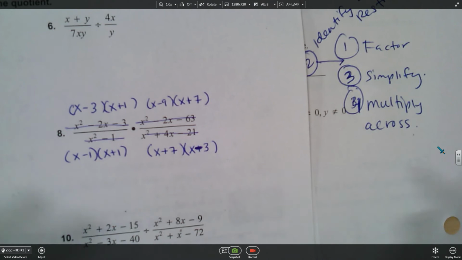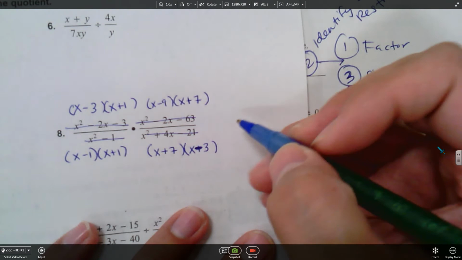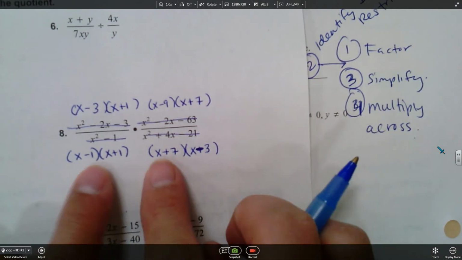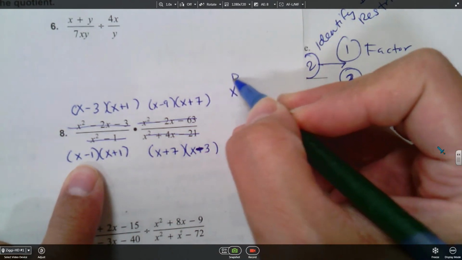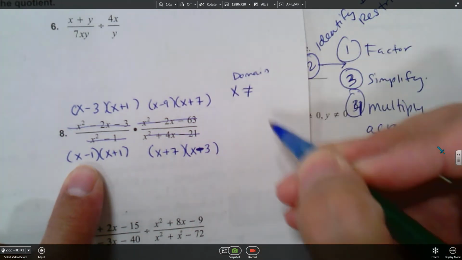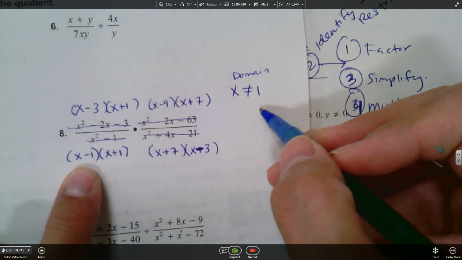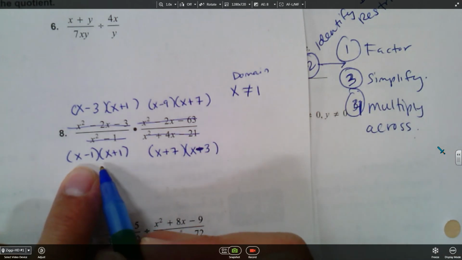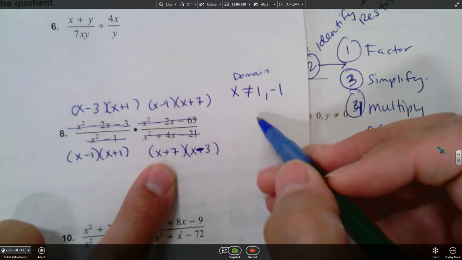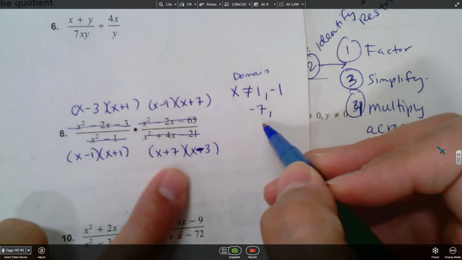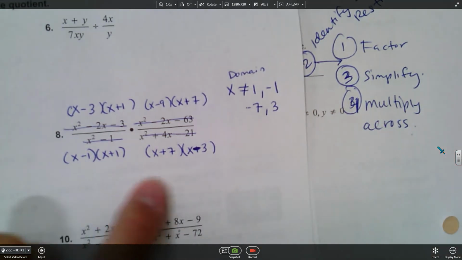Okay, so once we get to step 2, I want you to identify your domain restrictions. The domain restrictions are down here. You can't have 0 in the denominator. So you look at each factor piece. x cannot be 1 because you're going to zero the whole bottom piece out, and we can't have 0 in the denominator. x cannot be -1. x can't be -7. x can't be +3.